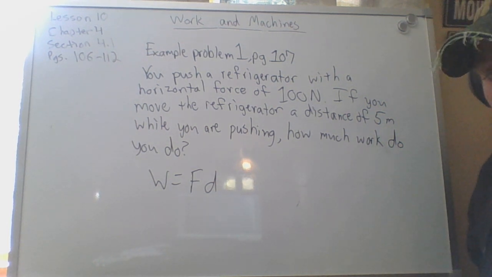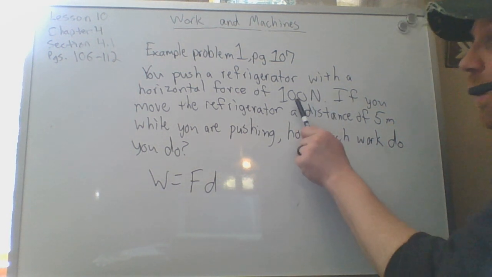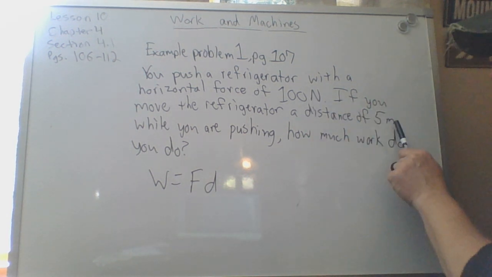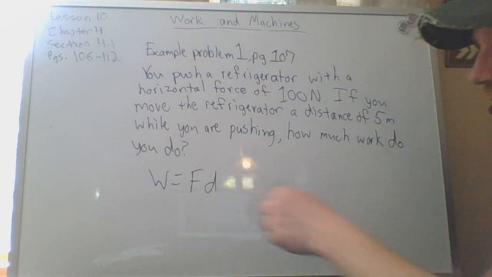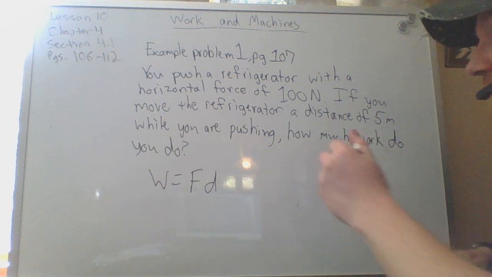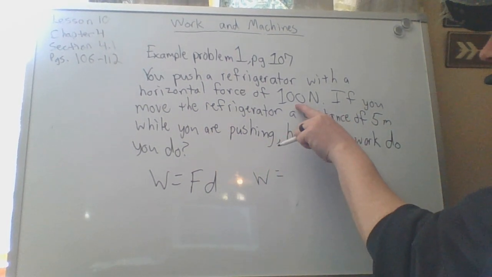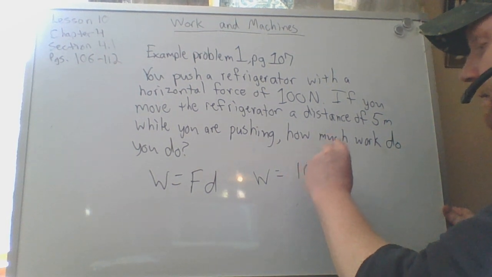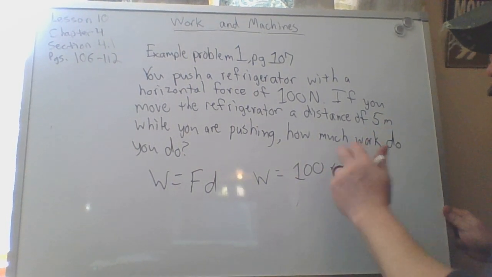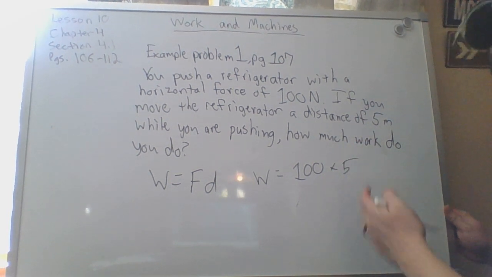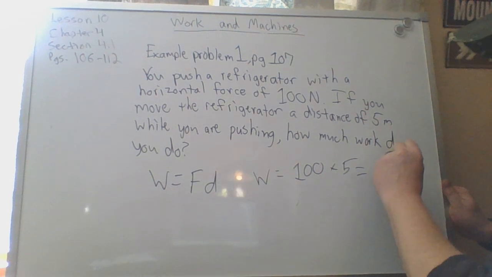Keep in mind, work is simply a measurement of force times distance. 100 newtons is our force. Our distance is 5 meters. W equals F times D. Work equals force times distance. Work is going to equal 100 times 5. 100 times 5 is going to equal 500.